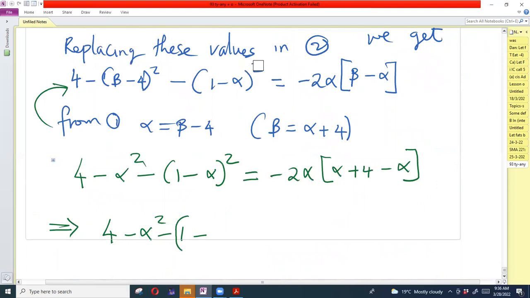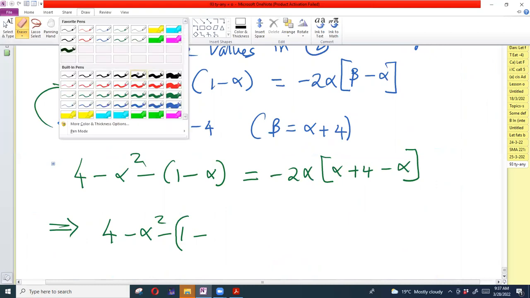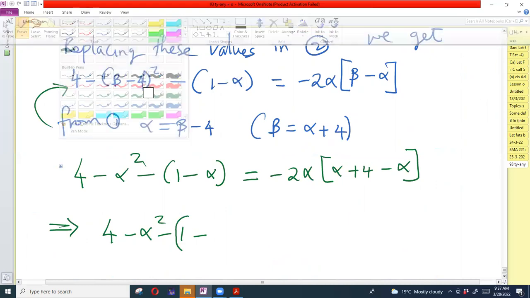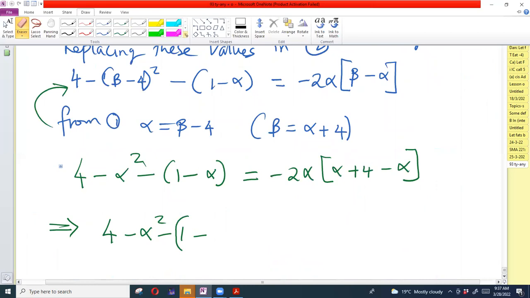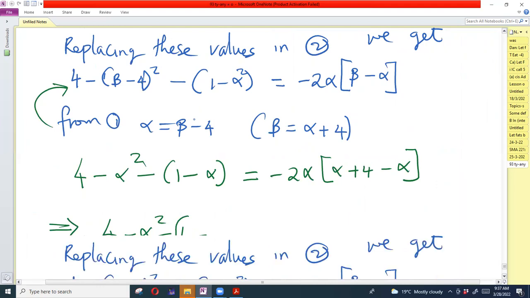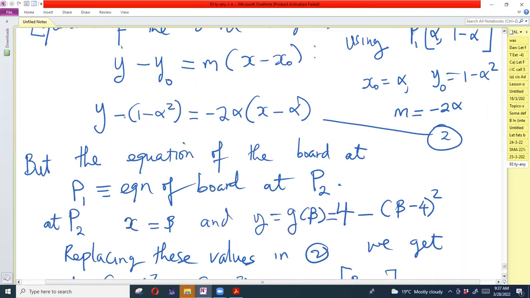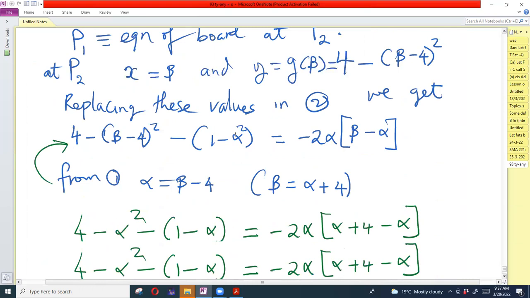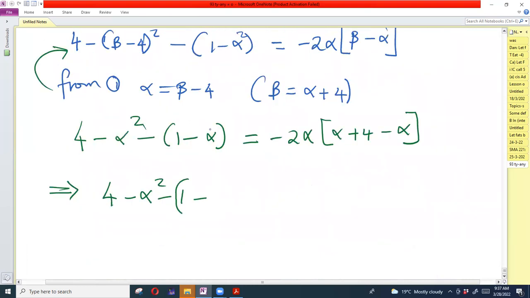So the square is here. At this point, we have y minus 1 minus alpha. So the square is on just alpha alone.